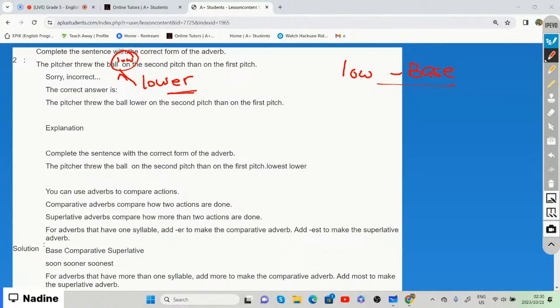So the pitcher threw the ball lower on the second pitch than on the first pitch. So lower is our answer over there. Not lowest, because lowest is superlative. Lower is the comparative.